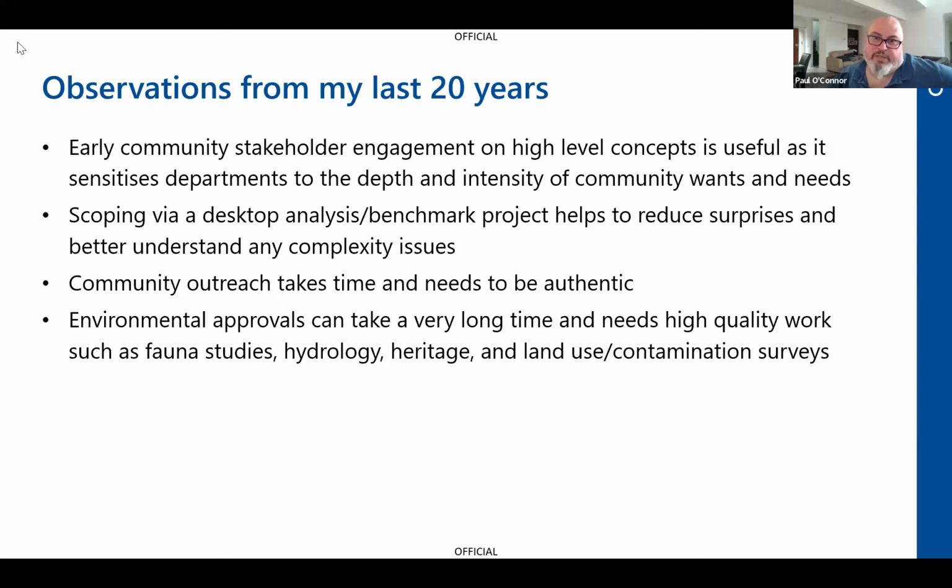I talked about contamination at Carlton, but if we look at the Fitzroy Gasworks site, that's had to be totally remediated. That was a state-run gas and fuel big gasometer that was there.